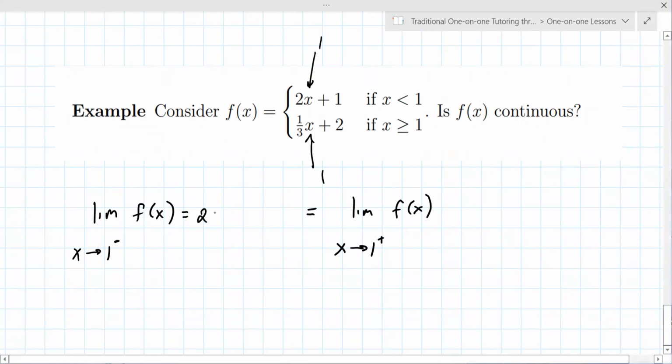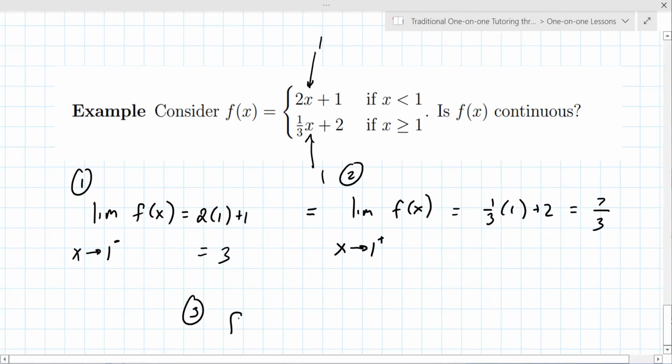So this one is 2 times 1 plus 1. This one is 1/3 times 1 plus 2. So no. So this is the first and the second, but then there's a third criteria. The third criteria is you have to actually evaluate at 1, and they have to all be the same.